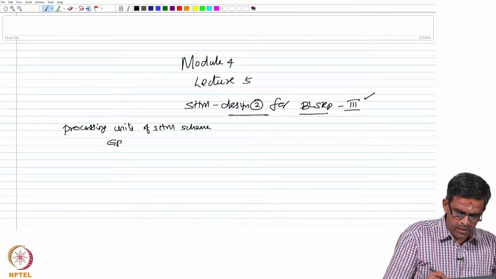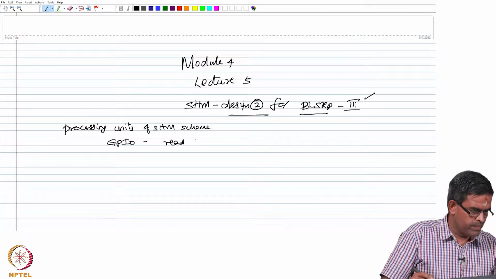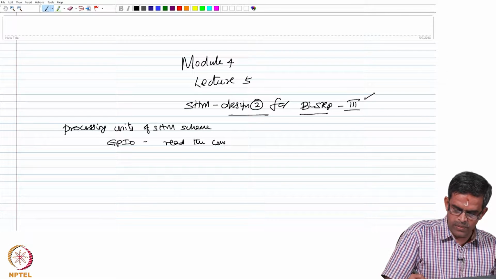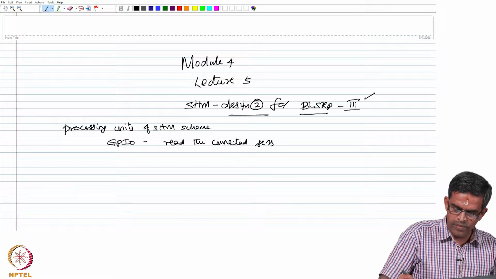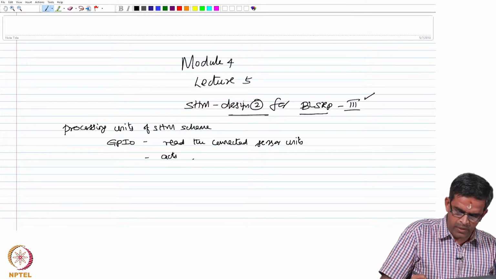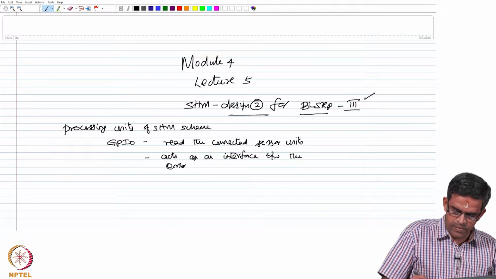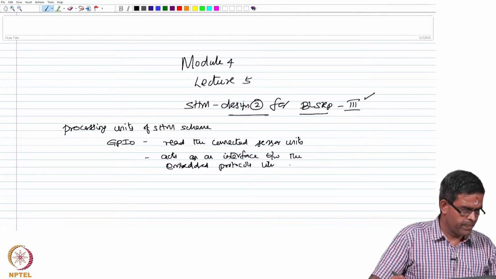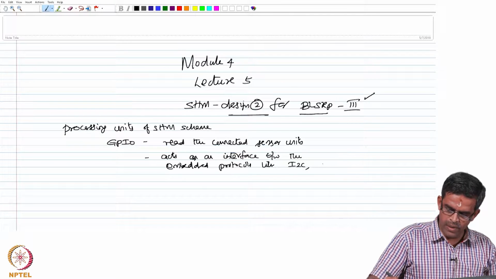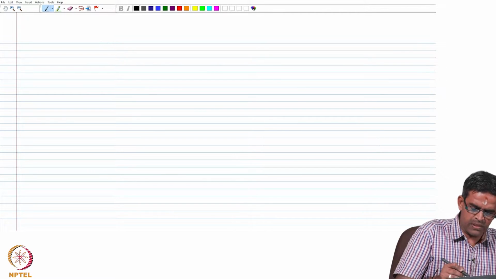We said that the GPIO pins can read or can be useful to read the connected sensor units and also acts as an interface between the embedded protocols like I2C, SPI, etc. Now, friends, the sampling rate of sensors is very important.